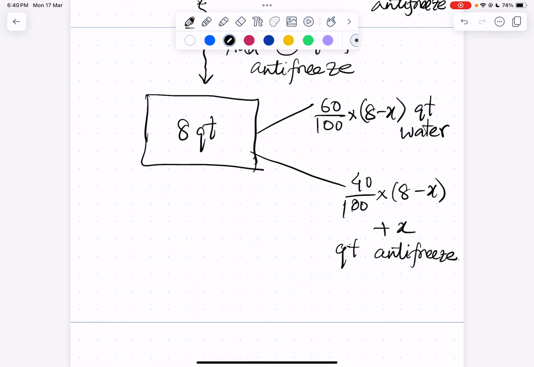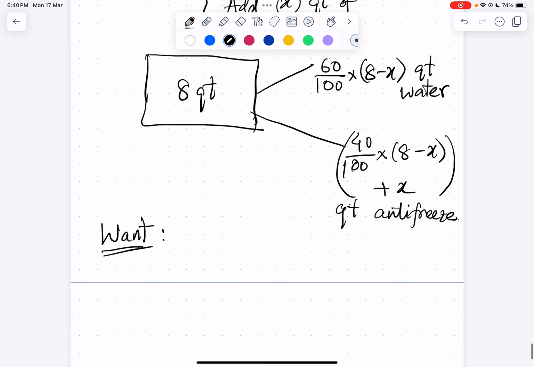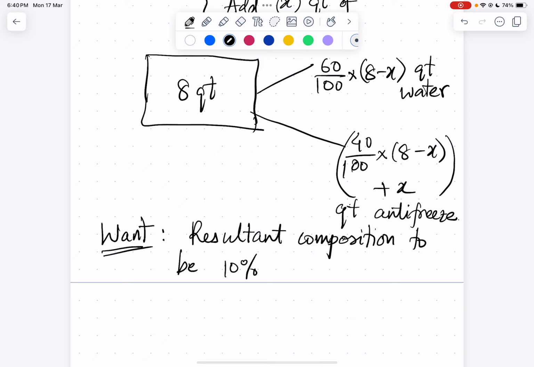So we want the resultant composition to be 10% water and 90% antifreeze.